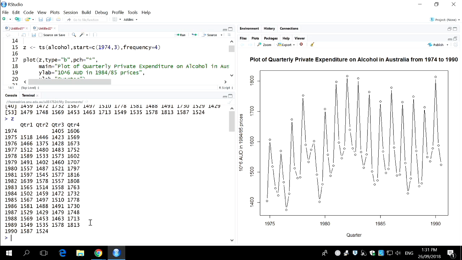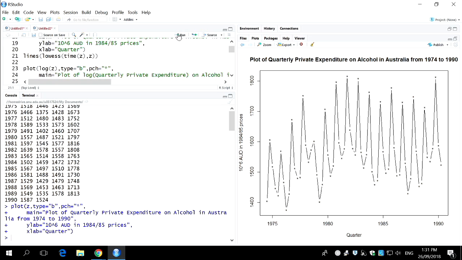All right? So this time series object is a special kind of object. It carries temporal information, and then it carries scale information for the data itself. And the plot function in R is really smart. If you give it a time series object, it'll construct a beautiful plot that looks just like the one we did by hand a minute ago.